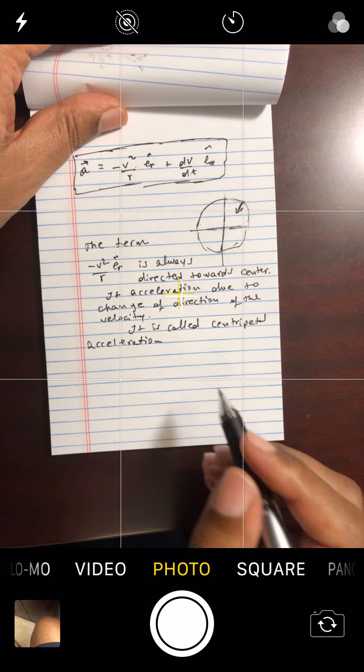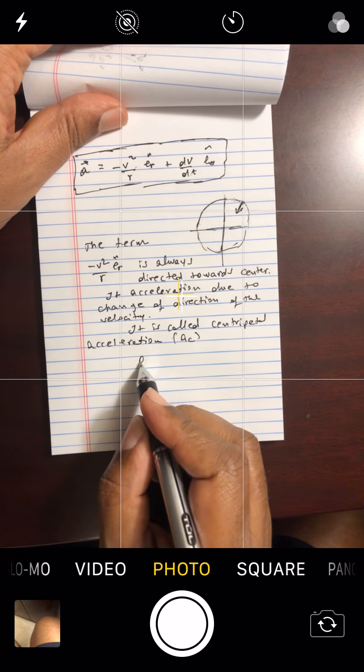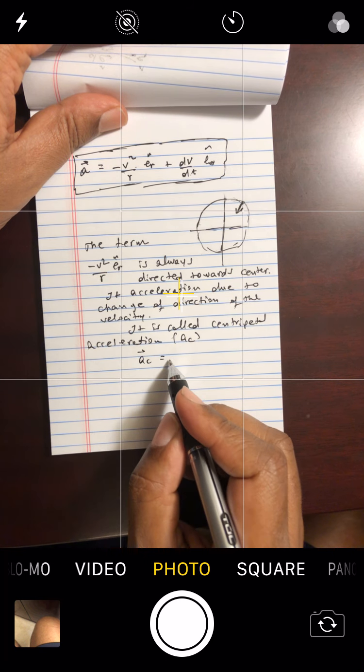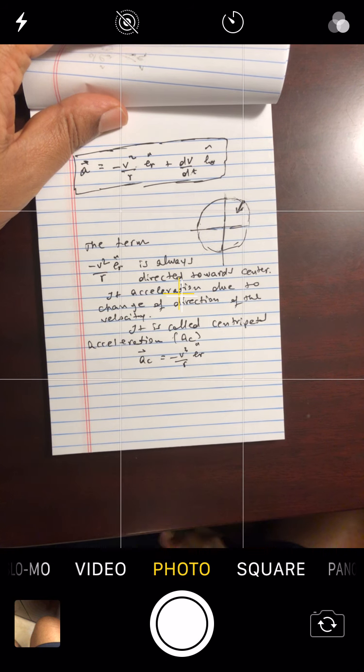So if we use AC for centripetal acceleration, we can say AC equals negative v squared over r in the direction of er. So this is center-seeking acceleration.